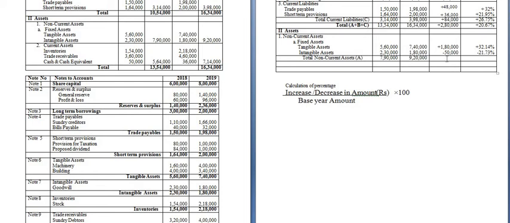Now make the comparison. 9,20,000 minus 7,90,000. Amount is increased. How much? 1,30,000.